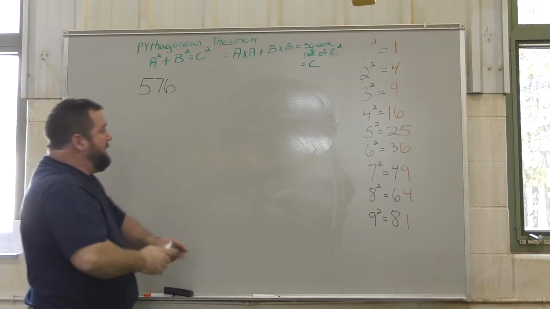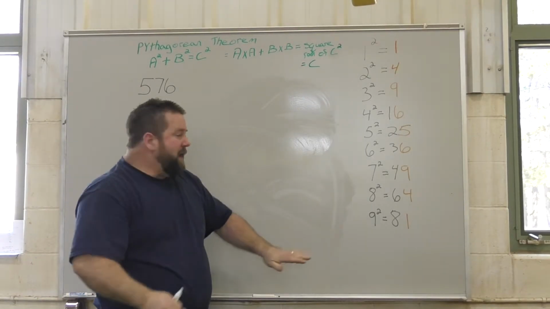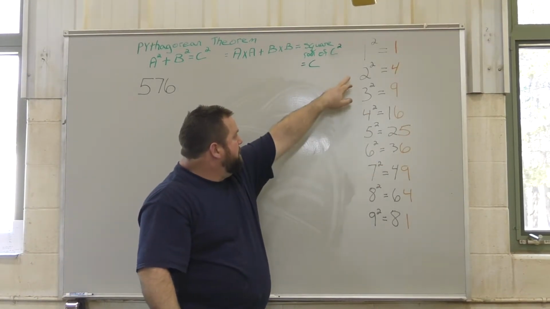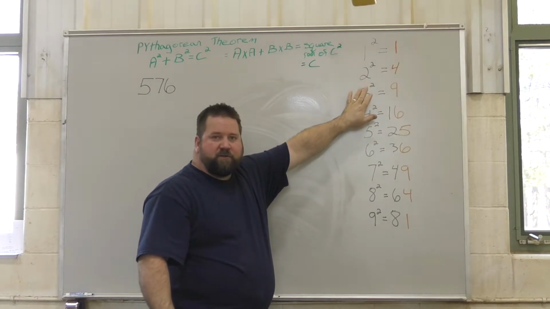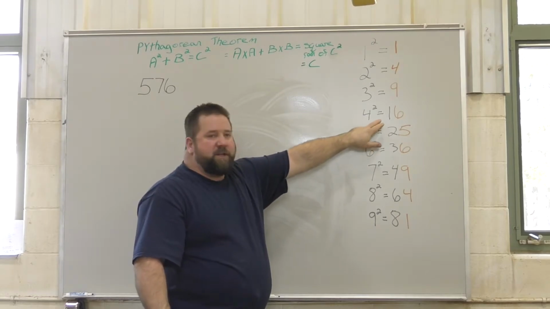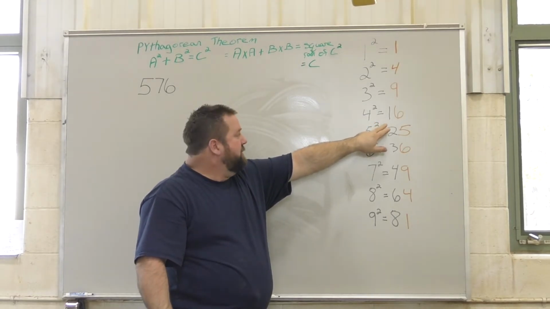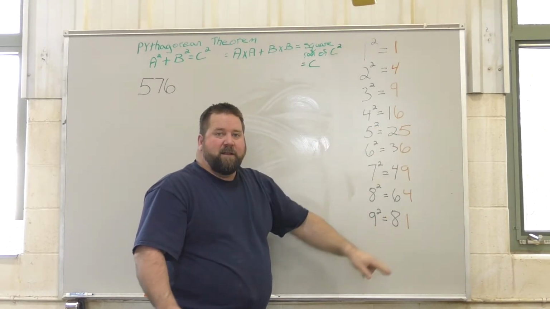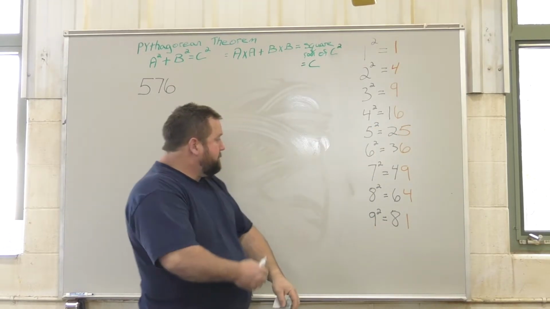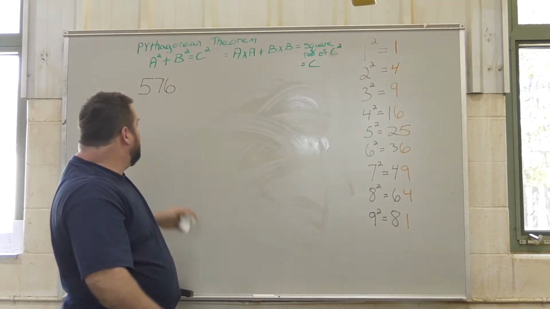I want you to write this out on your paper and try to use a different color for those numbers. So you've got the 1, the 4, and the 9. Those are different colors. When you get to a double-digit number, just use the number on the right-hand side. Leave that in a different color, because those are all the numbers that you're going to use.